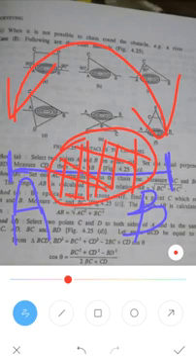Whatever methods I'm explaining, any type of problem may be asked in the examination. So keep that in mind and try to solve the problem. You don't need to mug up all the methods, just memorize whatever methods I explained.